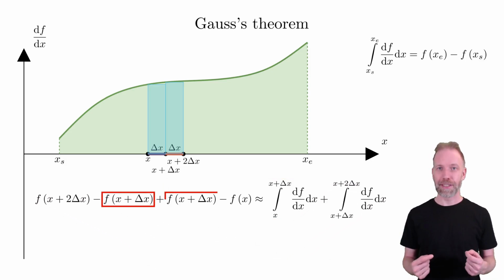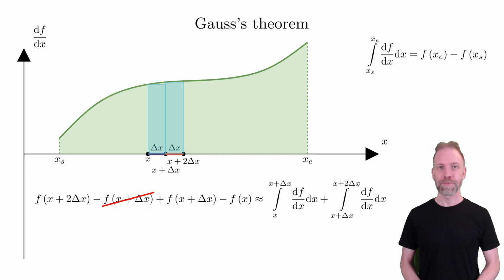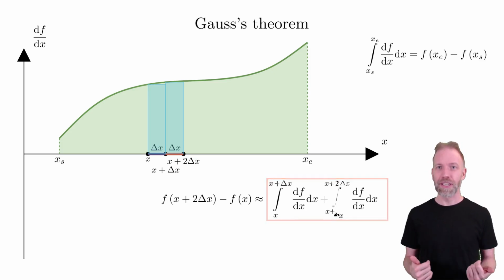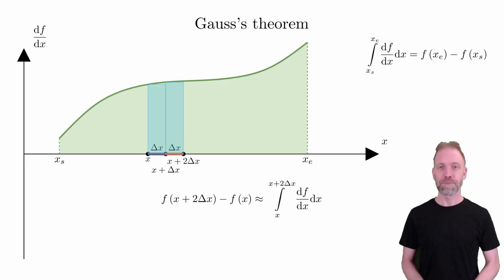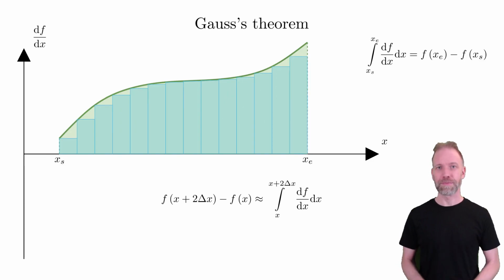Both f of x plus delta x terms cancel. Since both these are integrals of the same function, we can merge them into one integral of the combined interval. Repeat this idea for rectangles under the entire graph.